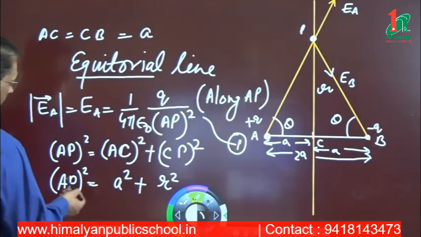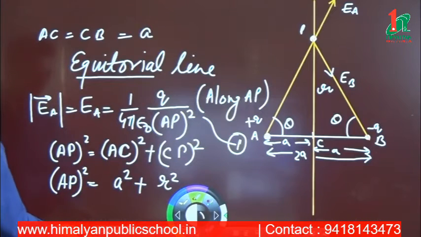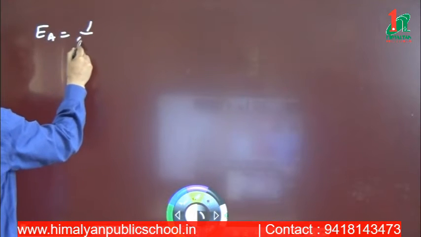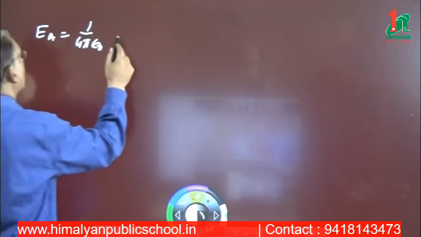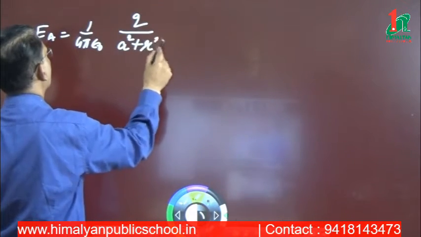You will put AP square, a square plus r square, in equation number 1. So you will get EA is equal to 1 by 4 pi epsilon naught, q upon a square plus r square.